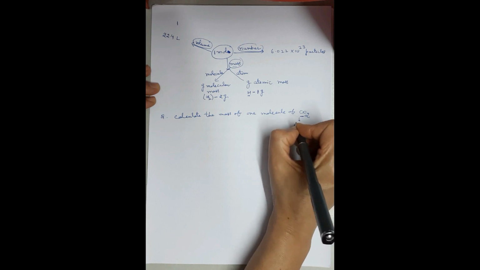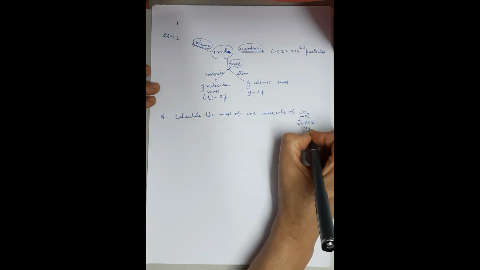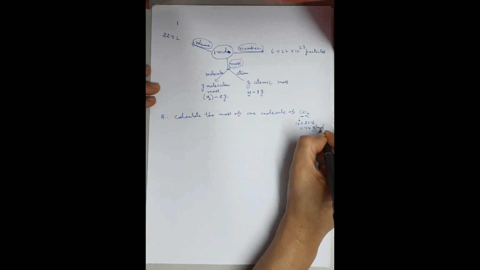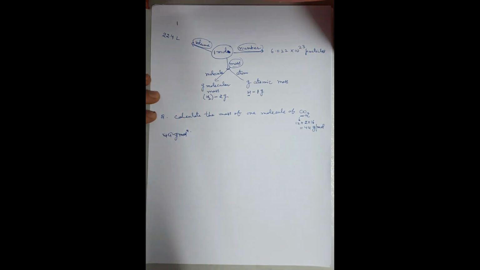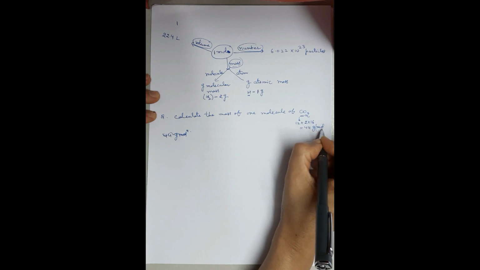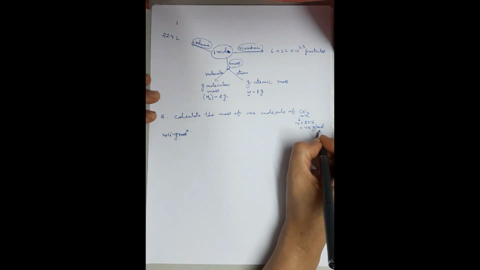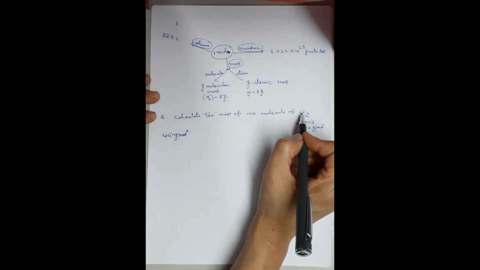It is 12 gram plus 2 into 16, which comes out to be 44 grams per mole. You know, molecular mass is represented by grams per mole. As the mass is 44 grams per mole, this is the molar mass, means this is the mass of 1 mole of carbon dioxide.